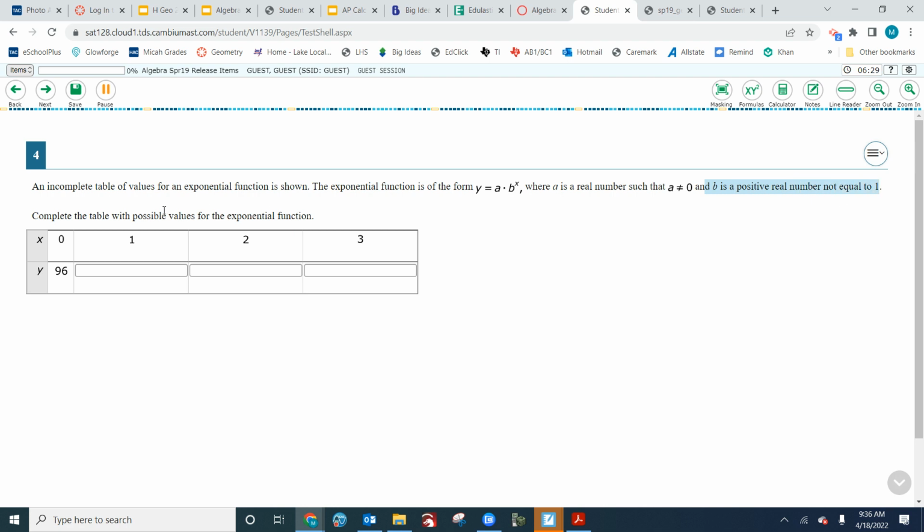On your piece of paper, put problem number 4 and write that down. Complete the table with possible values for the exponential function. All right, we have to come up with the table of values. They only gave us 1 point. When x is 0, y is 96.